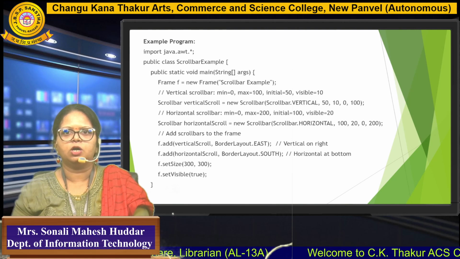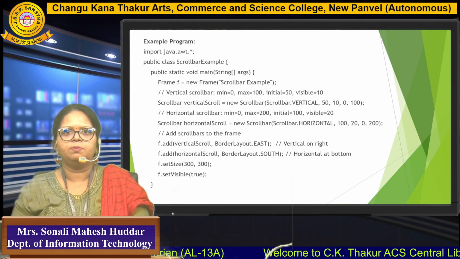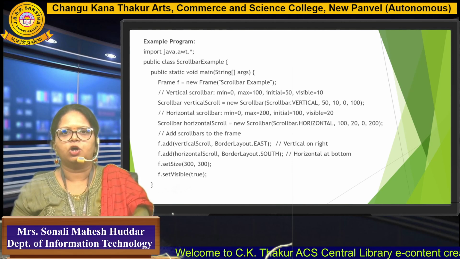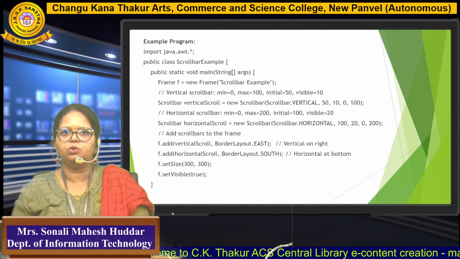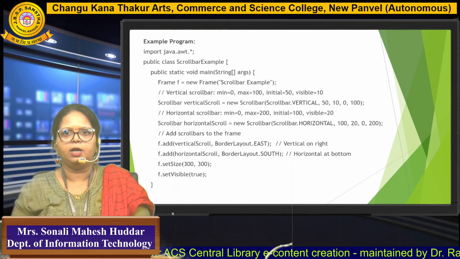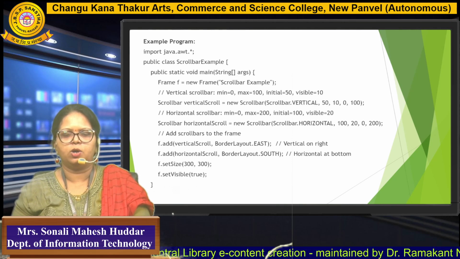So total values you are providing, where minimum, maximum, initial and visible you are setting. Scrollbar horizontalScroll = new Scrollbar(Scrollbar.HORIZONTAL, 100, 20, 0, 200).